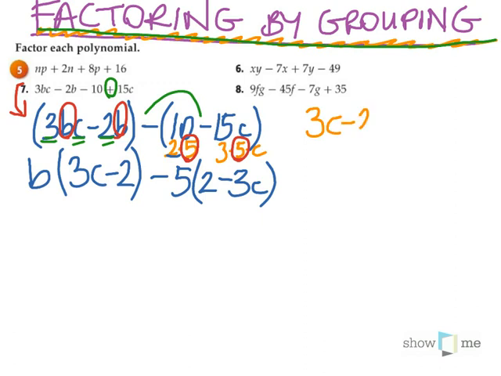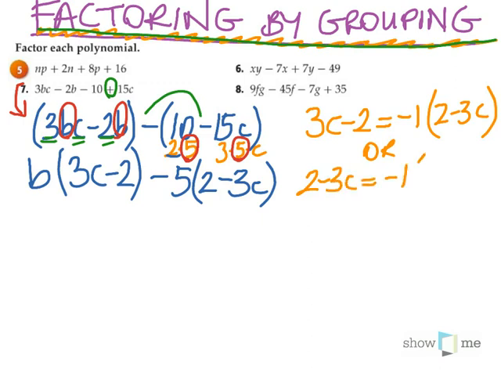3c minus 2 is equal to minus 1 times 2 minus 3c, or you can write 2 minus 3c is equal to minus 1 times 3c minus 2.